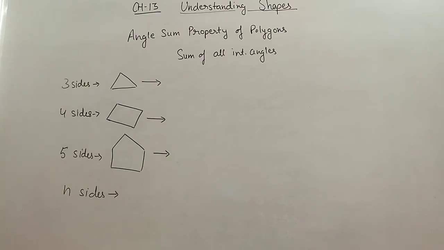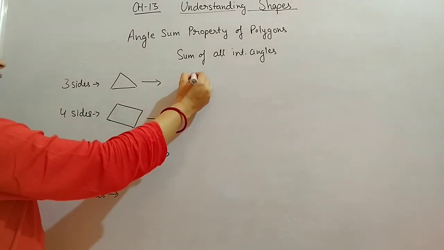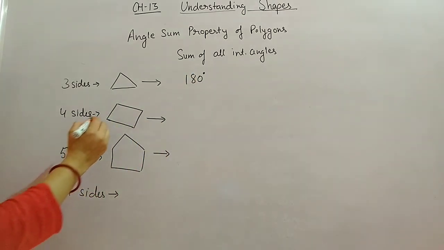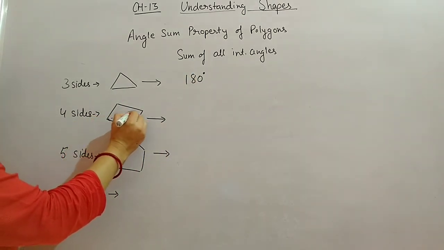Next we will discuss the angles and properties of different types of polygons. First polygon is the triangle, having 3 sides. For a triangle, we have already learned in lower classes that the sum of all 3 interior angles is 180 degrees. If we talk about a quadrilateral, we can divide it into 2 triangles.